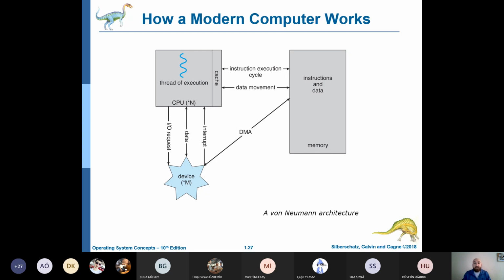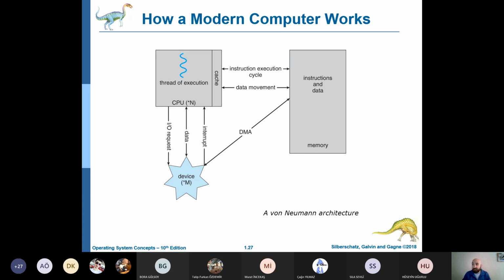Recall from the previous part that a general purpose computer system consists of multiple devices, all of which exchange data via a common bus. To solve this problem, we have DMA, which is direct memory access.